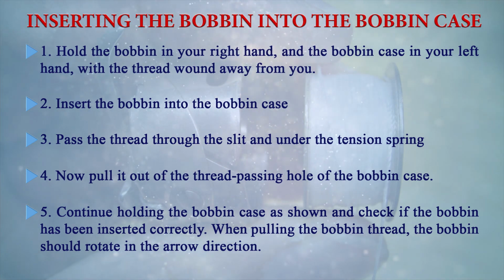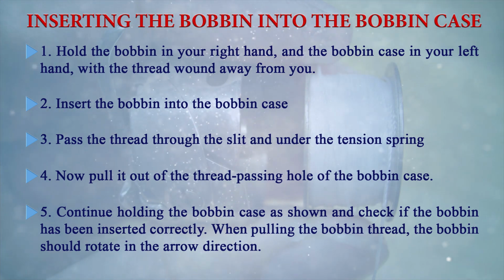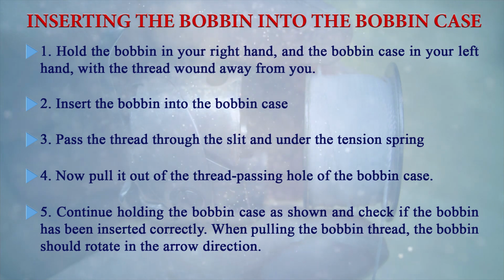When you put the bobbin into the bobbin case, check that it is not coming out of the case. And when pulling the bobbin thread, the bobbin should rotate in the arrow direction. So it should be revolving on that case.